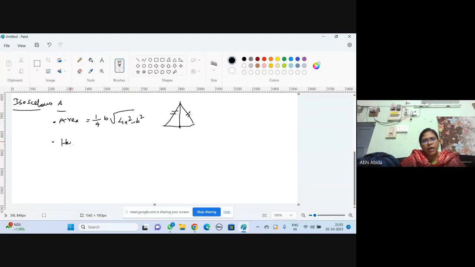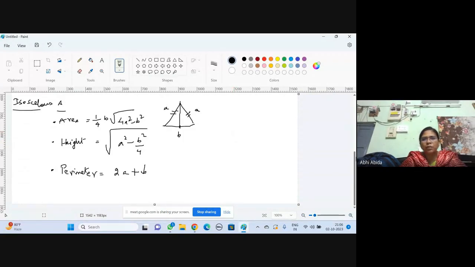The height of an isosceles triangle is root of a square minus b square by 4. And the perimeter of an isosceles triangle is 2a plus b, as two sides are equal. I'm considering these two sides as a and this side as b, so the perimeter will be 2a plus b. These are all the important things regarding the isosceles triangle.